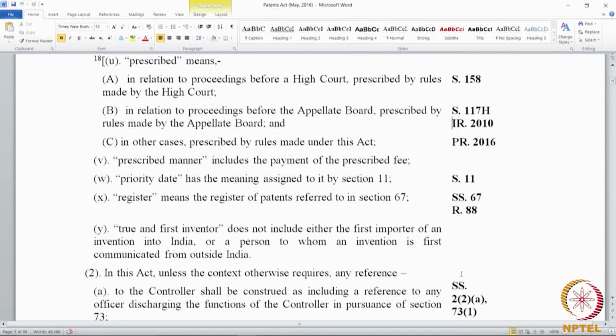Now, for instance, where we mentioned here prescribed in relation to IPAB, we have given section 117H as the cross reference, and we have given the IPAB rules 2010 as a cross reference, because IPAB rules also govern certain parts of the procedure that determines the proceedings before the IPAB.